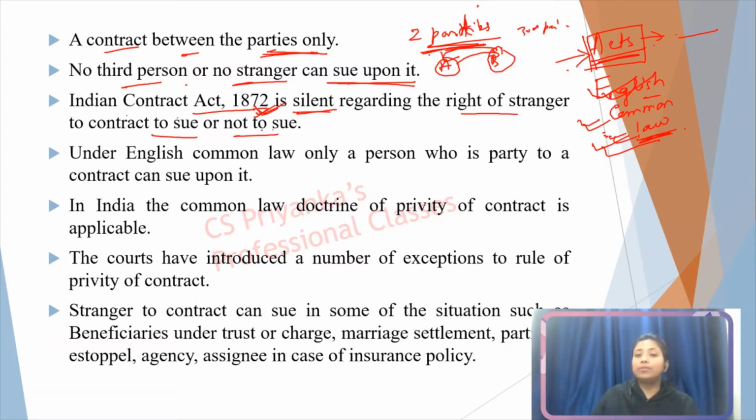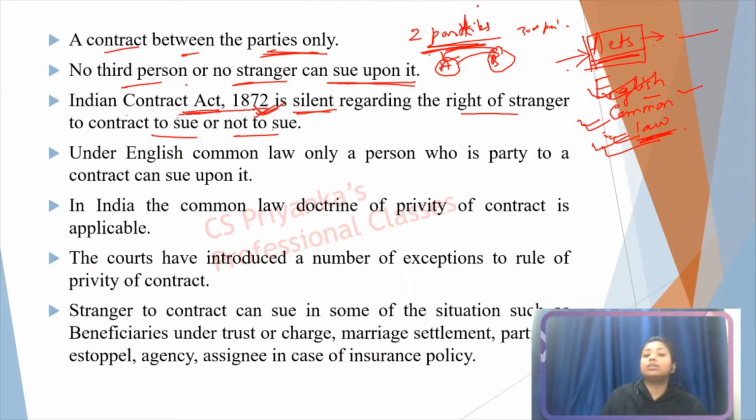So basically we will follow our act only, but on topics where our act is silent, we are going to follow English common law. Got it? Relating to privity of contract or stranger to contract, specifically, this Indian Contract Act is silent.